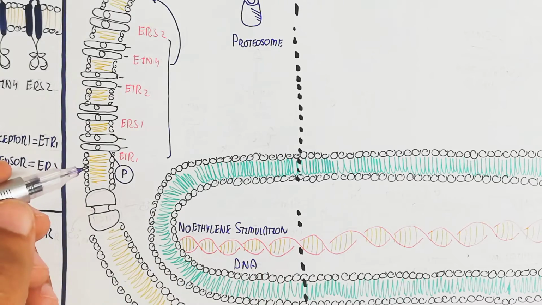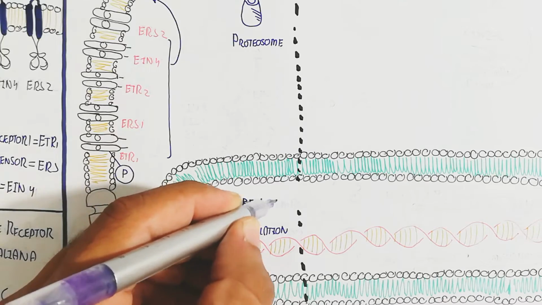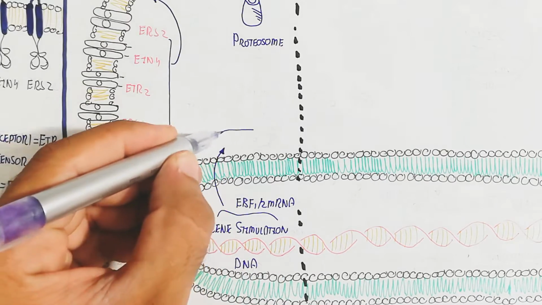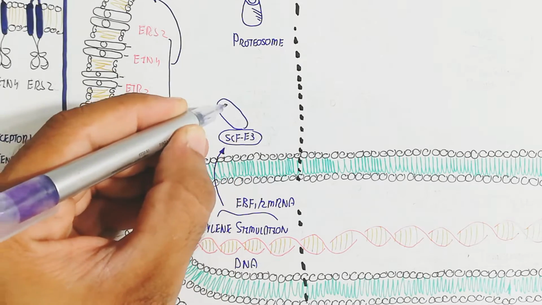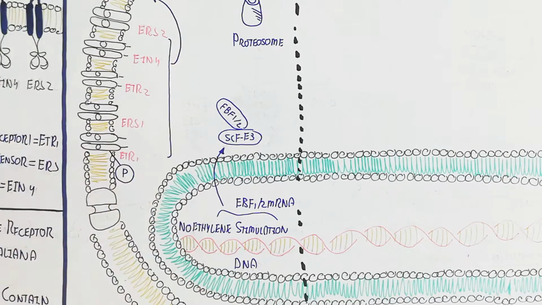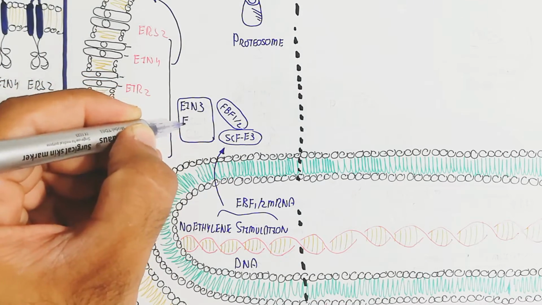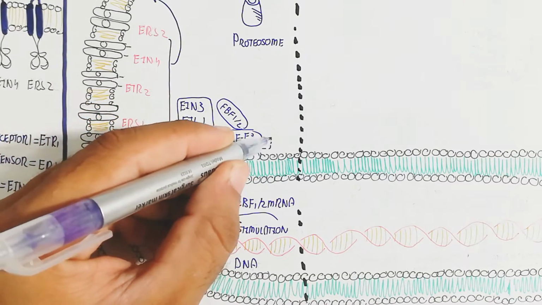After the no ethylene stimulation, the EBF1 and 2 mRNA will be triggered and go into the cytoplasm, with the SCF E3 and EBF1 and 2. This EBF1 and 2 and SCF E3, which are collectively produced, act on EIN3, EIL1 and EIL2.